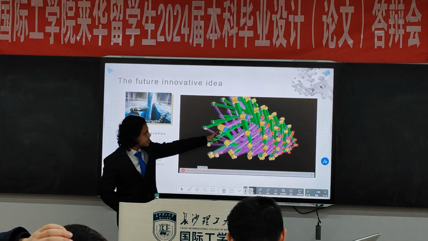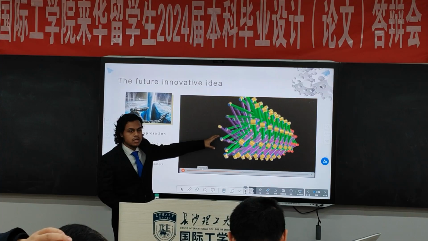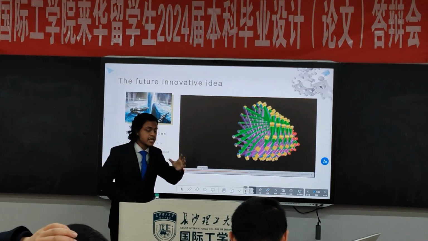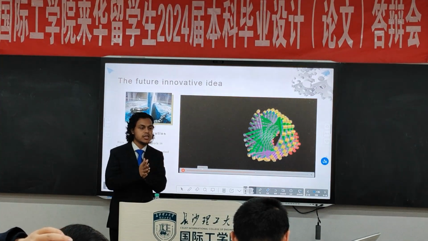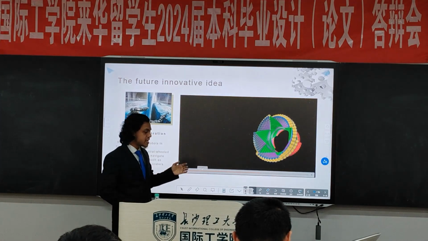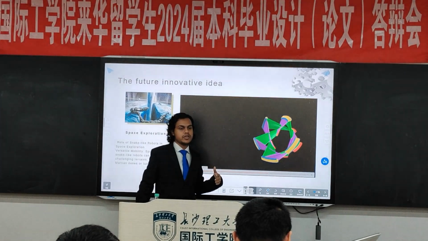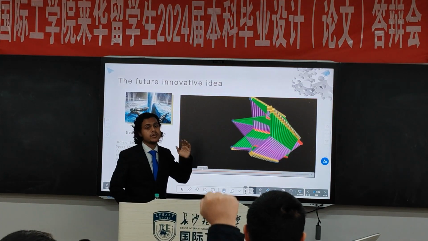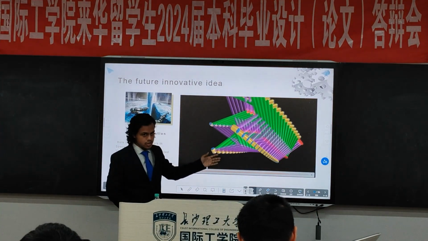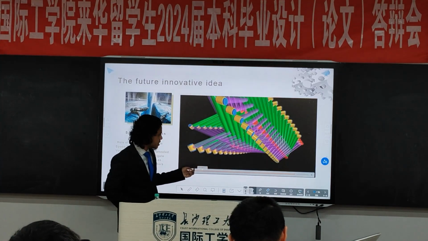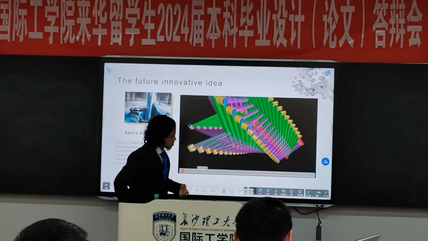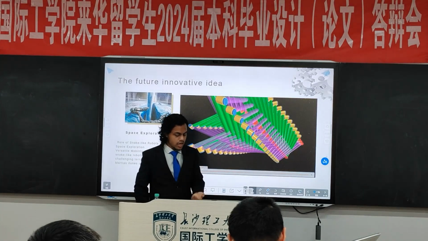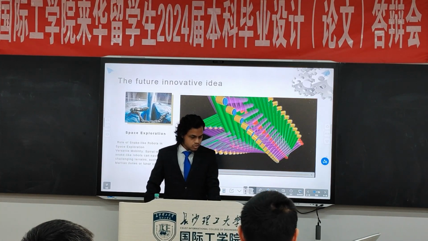If we can make this kind of design in future, we can make the snake more sustainable and more precise, so it can enter any place it wants. It can make a very revolutionary contribution if we can make that. It will be very challenging and not very easy either. So that's the idea I shared with you.